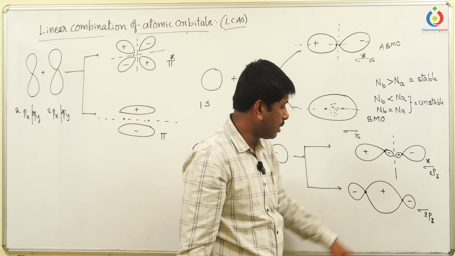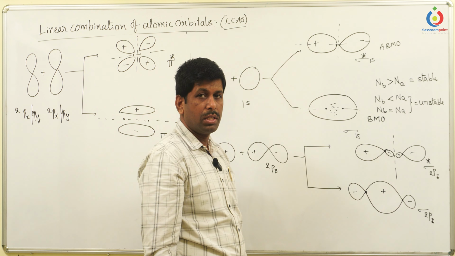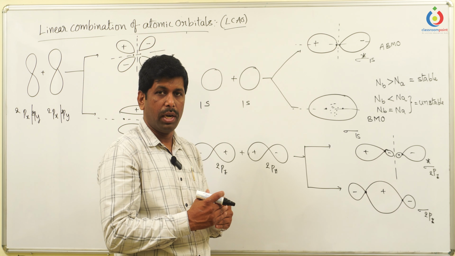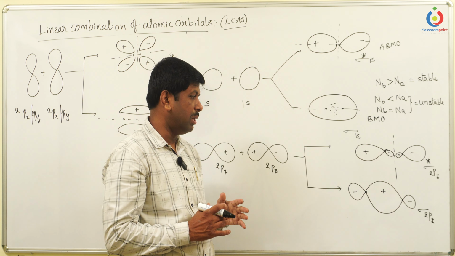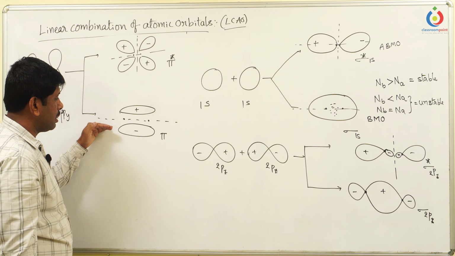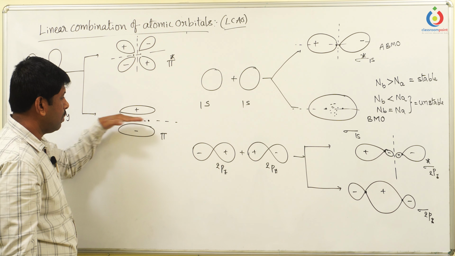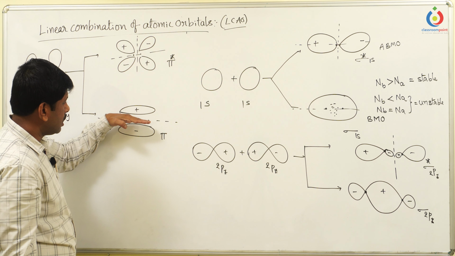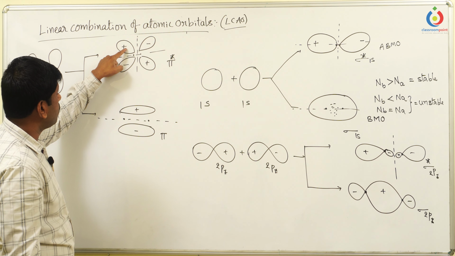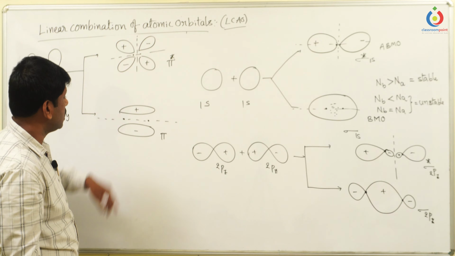That means sigma orbitals are symmetrical around the internuclear axis or bond axis. What about the pi orbitals? Pi orbitals are not symmetrical around the internuclear axis. You can see that along the internuclear axis, above a positive sign is there, below a negative sign is there. Here plus minus, here minus and plus, opposite signs are there.